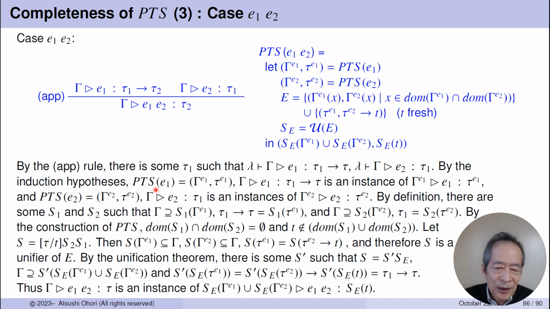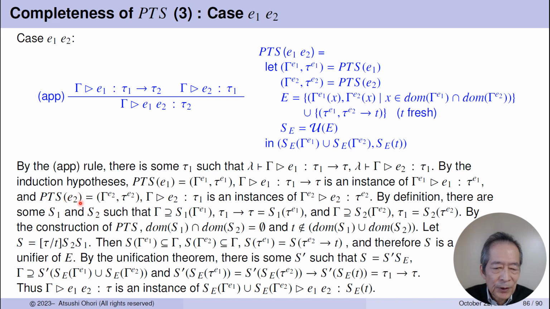So by the induction hypothesis applied to E1, PTS of E1 succeeds with this principal typing, and this derivable typing is an instance of this one, same as PTS of E2.